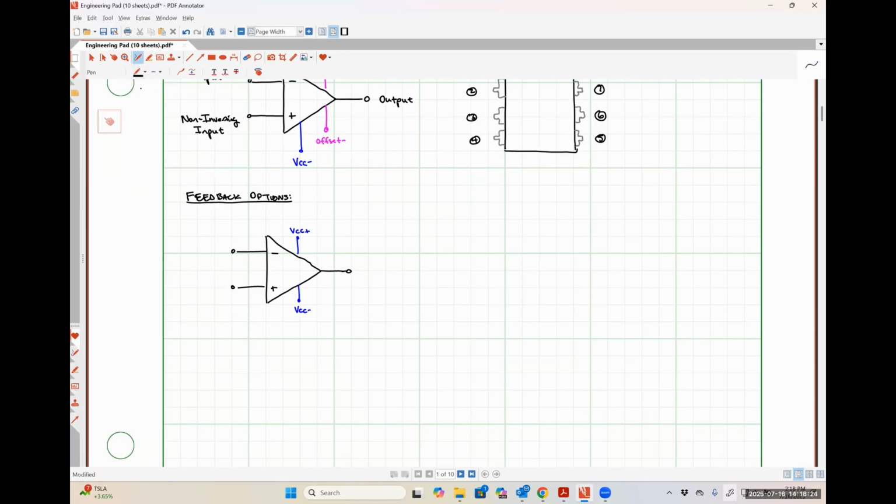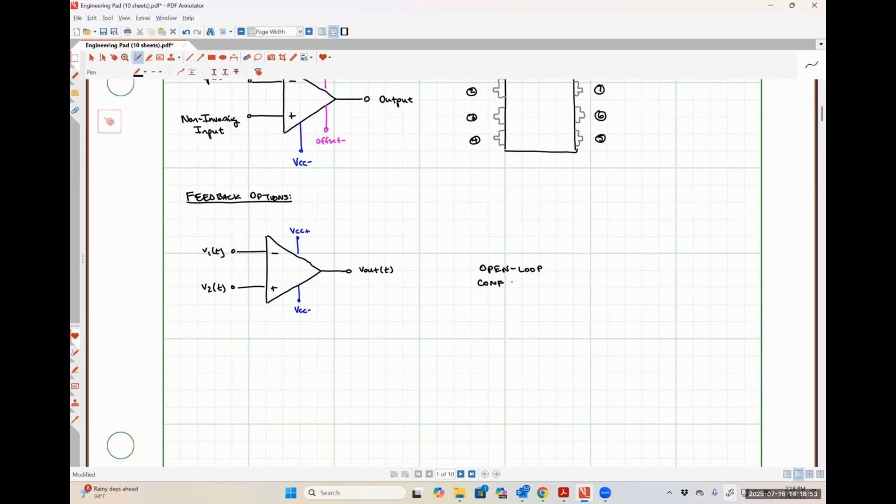And we might have some input signal, let's call it V1 of t, applied at our inverting input, some input signal V2 of t applied at our non-inverting input, and our output would be over here on the right. So this is an example of an open loop configuration.